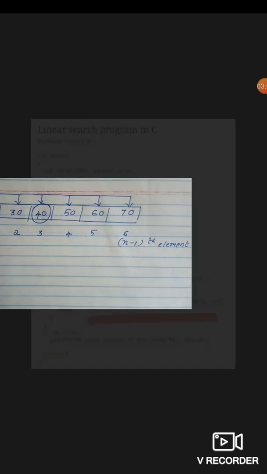You compare it with the search element, the number you want to be searched. That is 40 itself, and you see that the element matches. So when the element matches, your program is finished there. You can print that the element is present in your array. The same thing is applicable in your program also.